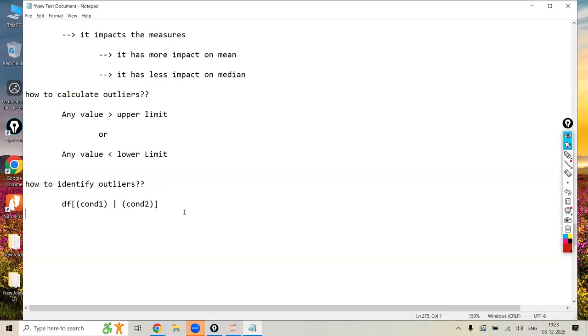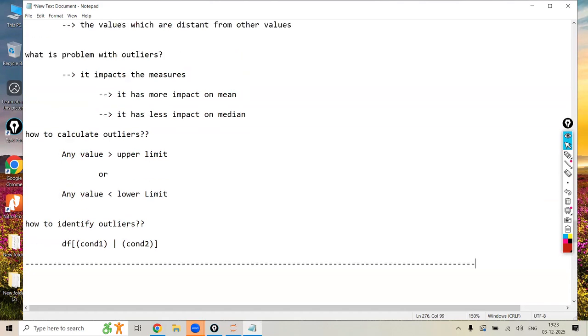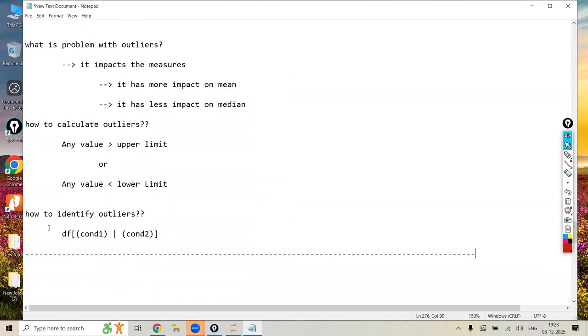Our course is related to ML and AI, so only from that point of view I'm explaining. What is required is mean, median and mode, along with the percentile values Q1, Q2, Q3, the upper limit, the lower limit, and outliers.